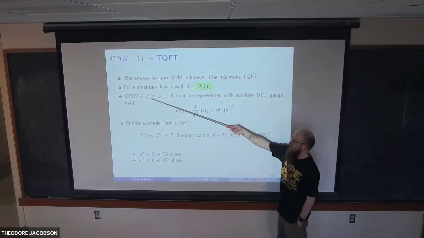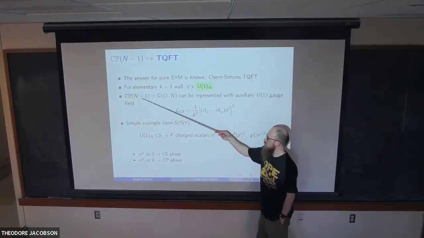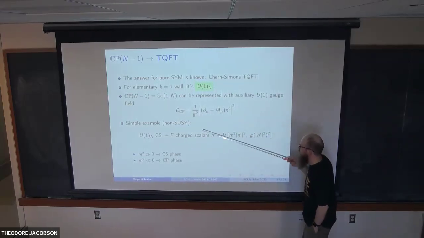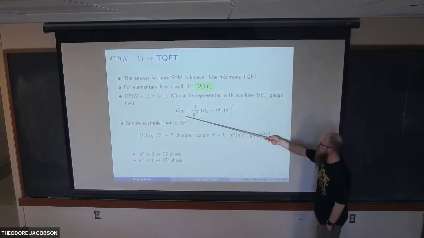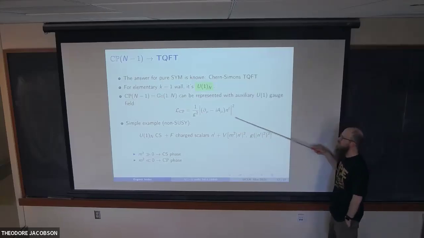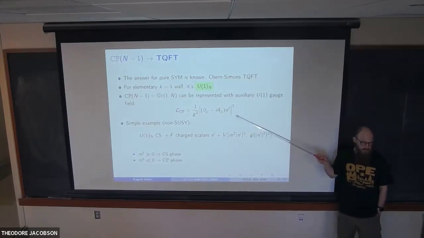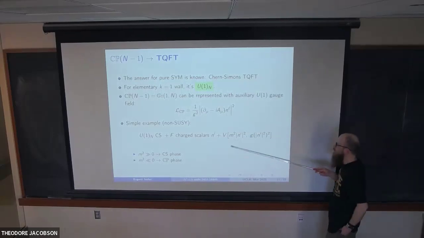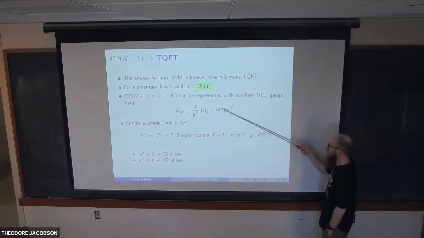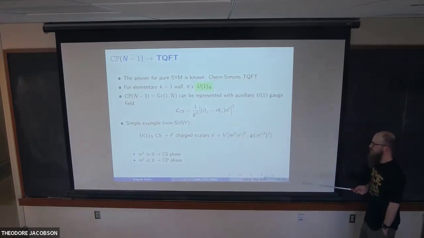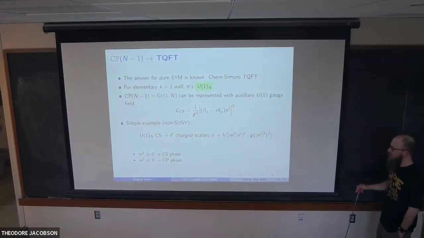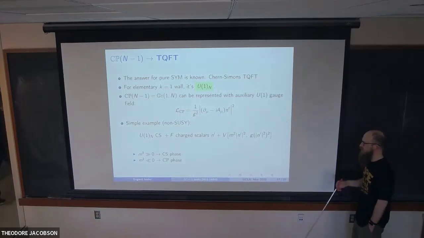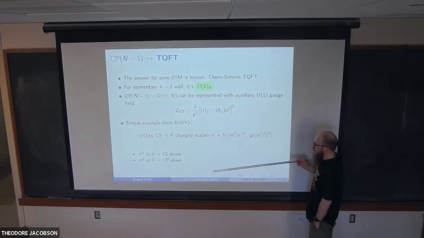So consider just a CP sigma model. As you probably know, the CP sigma model can be written down in a linear fashion if you introduce an auxiliary gauge field with no kinetic term. If you integrate out this gauge field, you recover the original non-linear formulation of the sigma model.